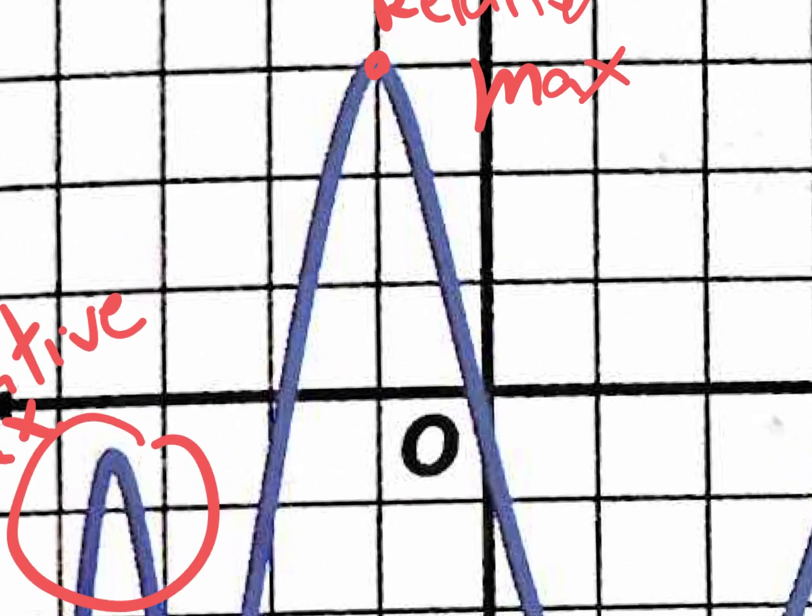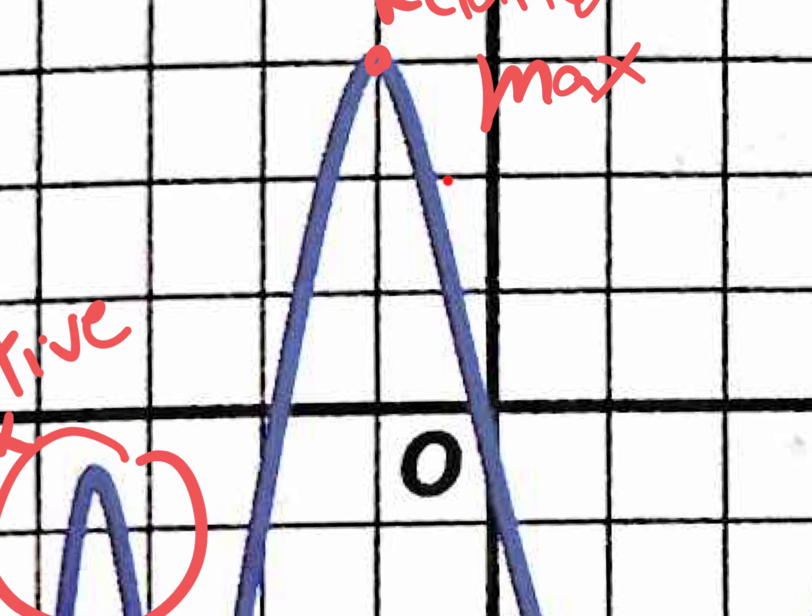Because if you just look at this part right here, from here to here, that's the highest point. That's the relative maximum. It's kind of like saying, who's relatively the tallest person here in this class? It's going to be one of us, but are we the tallest person in the world? Heck no, right? But relative to this classroom, you could have the maximum height.